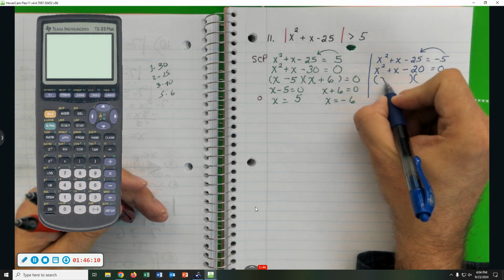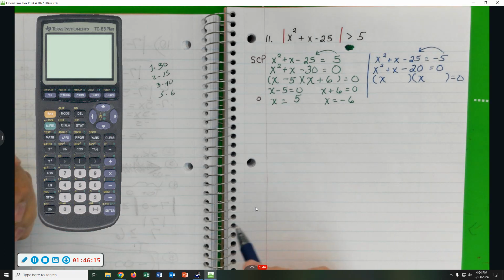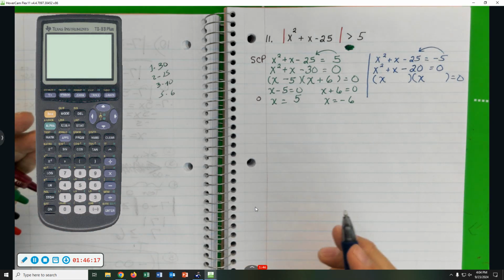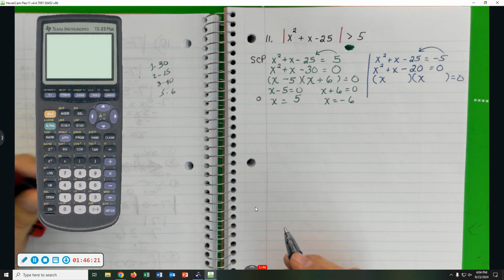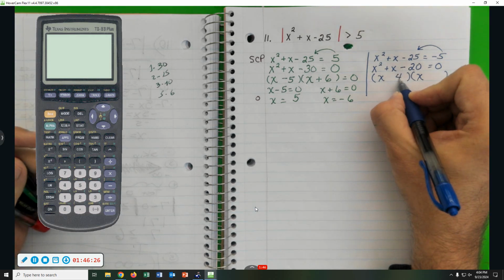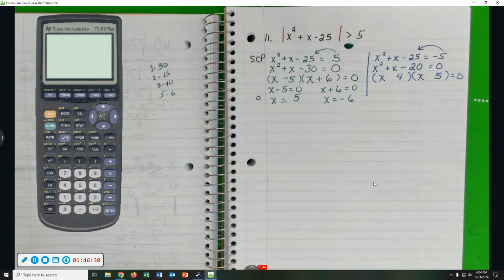Let's see. x and x. 1 times 20, 2 times 10. There's another pair. What's the other one? 4 times 5. Which one are you going to use? 4 and 5, because they subtract to give you that 1x that you need.